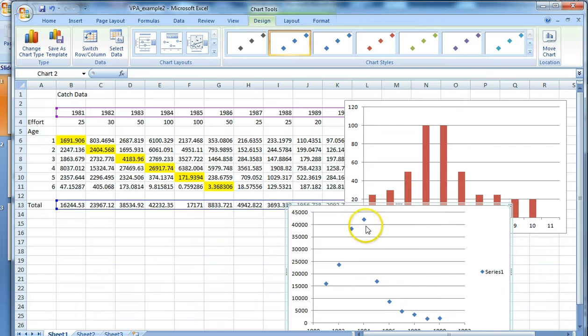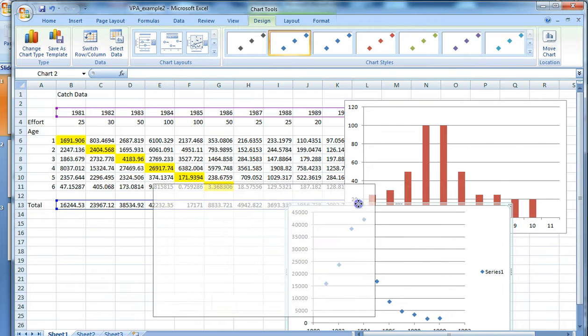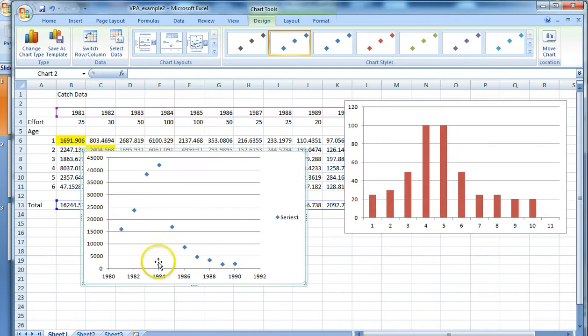So you can see there were an awful lot of fish caught in 1984, and that's the first year where there were 100 boats. So there's a story here, isn't there? In 1983, which is the third year on here, there weren't 100 boats, there were only 50 boats.